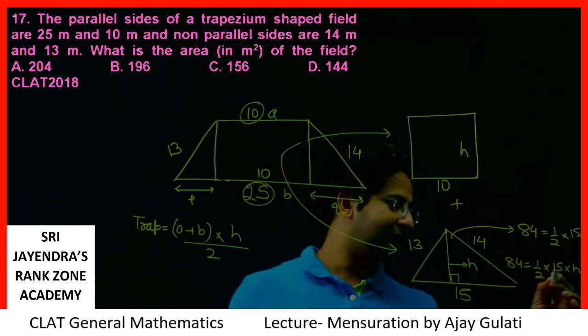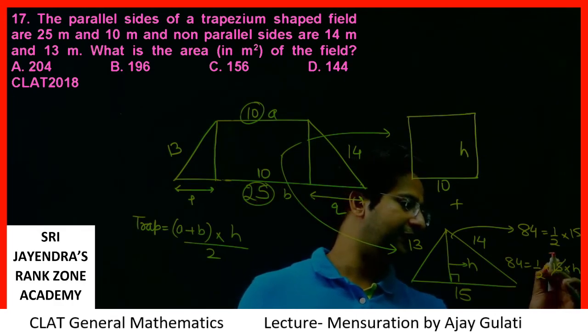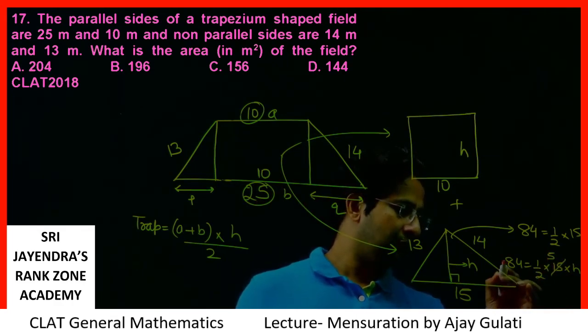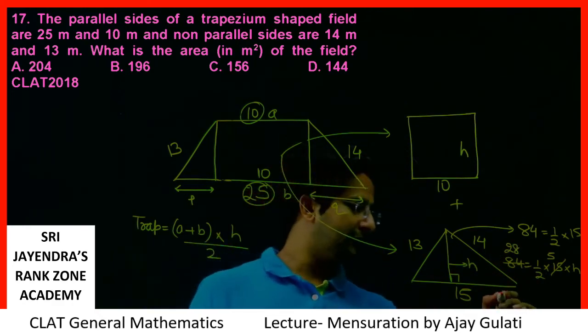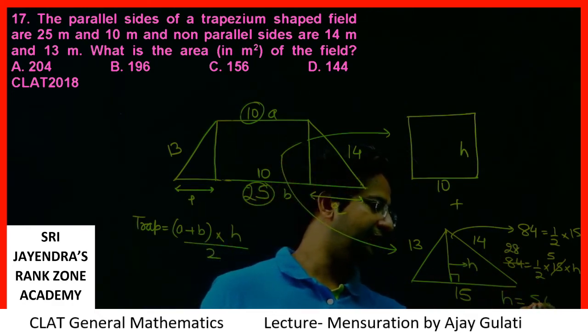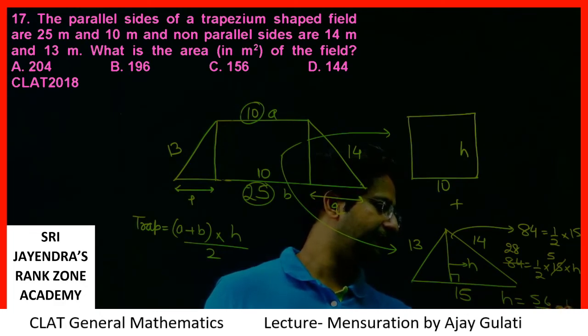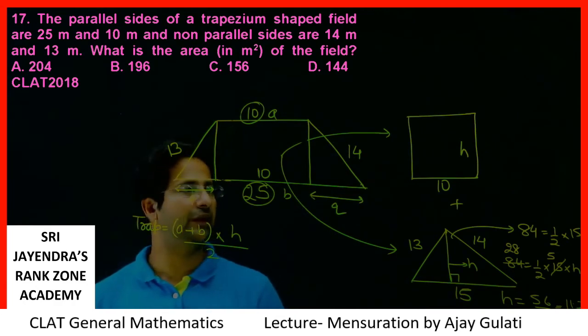Whatever you can cancel, cancel by 3. You will get 5, you will get 28. So H comes out to be 56 by 5, or I can say 11.2. The height comes out to be 11.2.